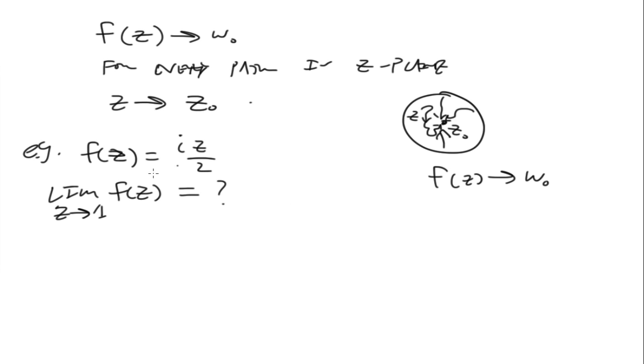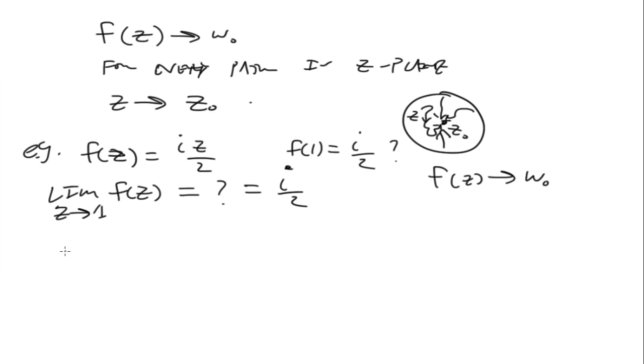For instance, I could actually just put z equals 1 in here. So f of 1 is equal to i over 2. So that would be my candidate limit. I want to know if the function itself will approach i over 2 from any path. Okay, so the question is, is it equal to i over 2? So that's our candidate limit. So let's try to do this analysis.